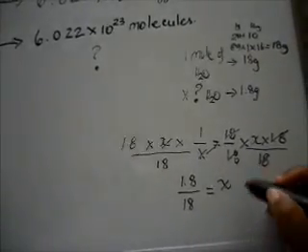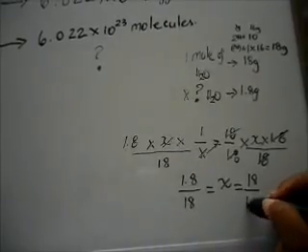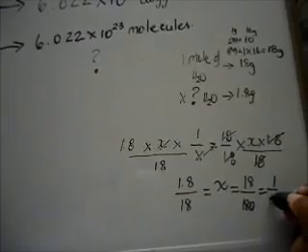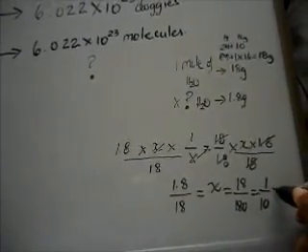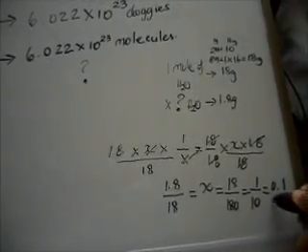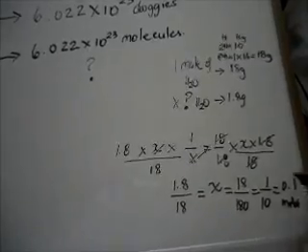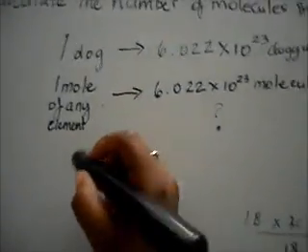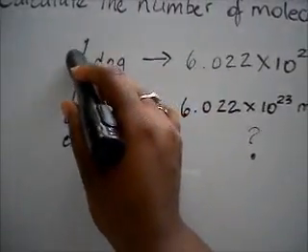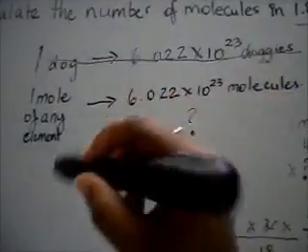And if we were to move this point, we would have now 18 over 180, which will give us 1 over 10, which will give us 0.1, and that will be moles. Great. So now that we have that, and we have this relationship up here, we can forget about the dog relationship. Right? That was just to make our life easier.